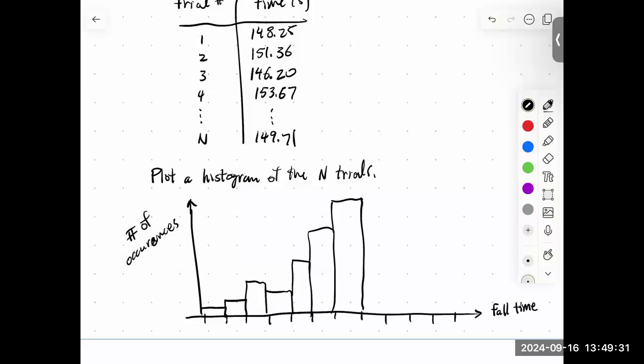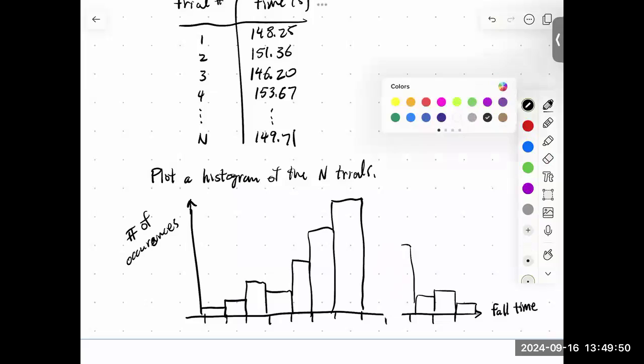And then we're going to have these ones at higher than average times. Out here it might be like 155 or something. Again, we're not going to get a lot of trials in those extreme bins, but then they'll start building back up. And so maybe our histogram looks something like that.